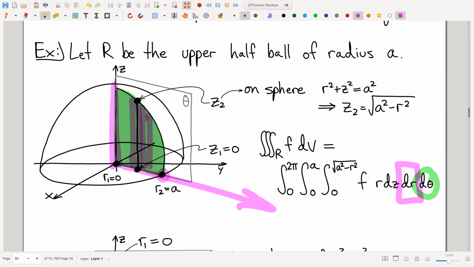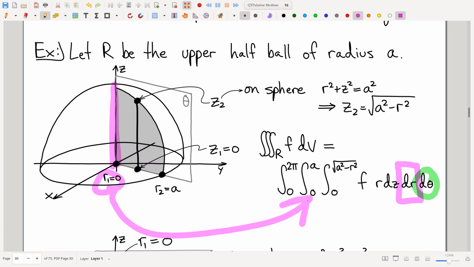We just have to figure out what r is for those values. The first slice is part of the z-axis. That's where r is clearly 0. Sometimes you get freebies. So r starts at 0. Everybody's happy?